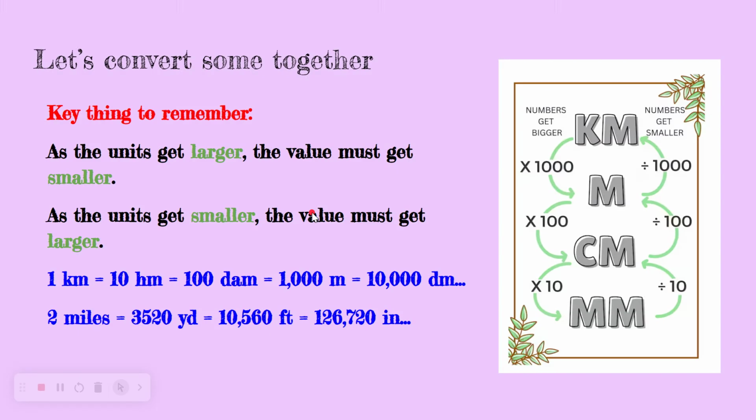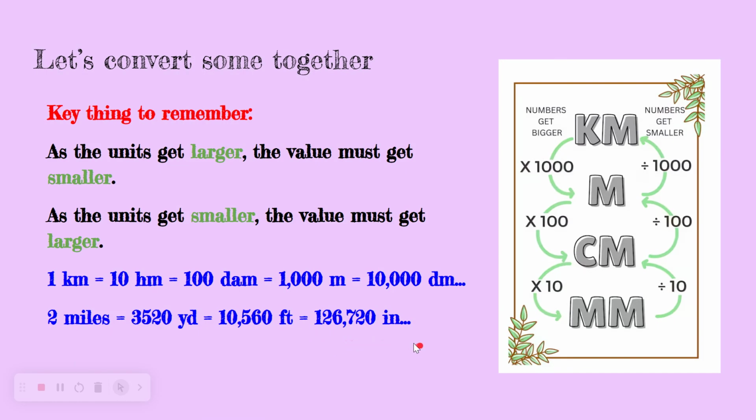And now I want to end with a couple examples converting. A key thing to remember is that as the units get larger, the value must get smaller. Okay? As the units get larger, the value must get smaller. And as the units get smaller, the value must get larger. So here's what I mean. 1 kilometer is 10 hectometers, is 100 decameters, is 1,000 meters, is 10,000 decimeters, etc. 2 miles is 3,520 yards, is 10,560 feet, is 126,720 inches.